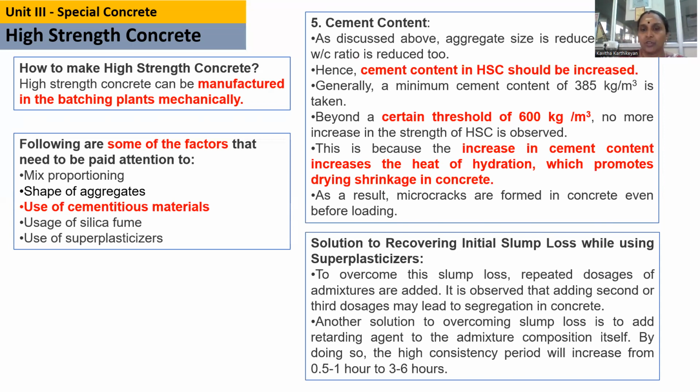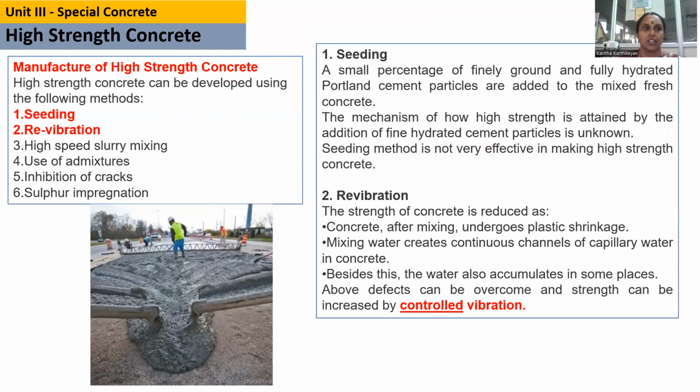If it goes more than that, drying shrinkage occurs, because it increases the heat of hydration of the cement, due to which drying shrinkage occurs in the concrete. So we have to restrict ourselves to an addition of up to 600 kilogram per meter cube of cement only. So these are the factors which we need to consider while manufacturing high strength concrete.